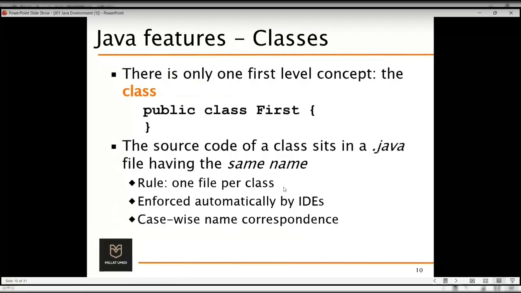For example, we have the class First, and our first class should be in the First.java file. And it cannot have any more classes inside the file. And public class First and curly braces is how you are going to define your class.